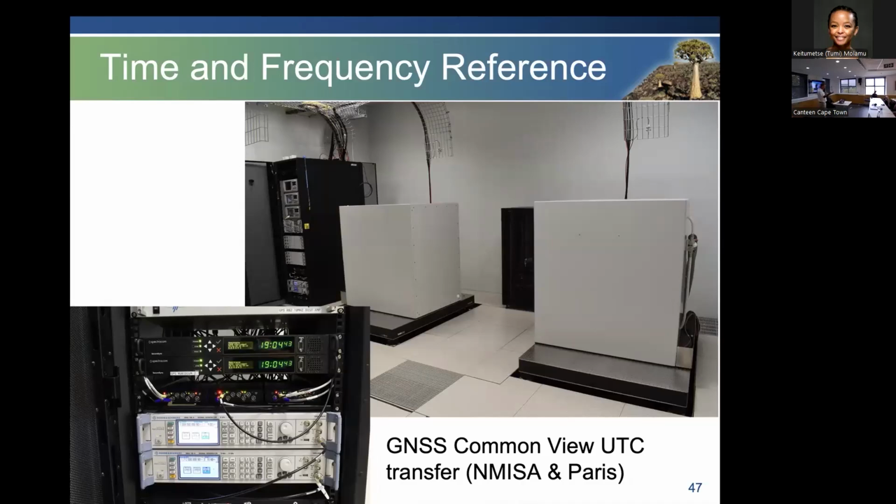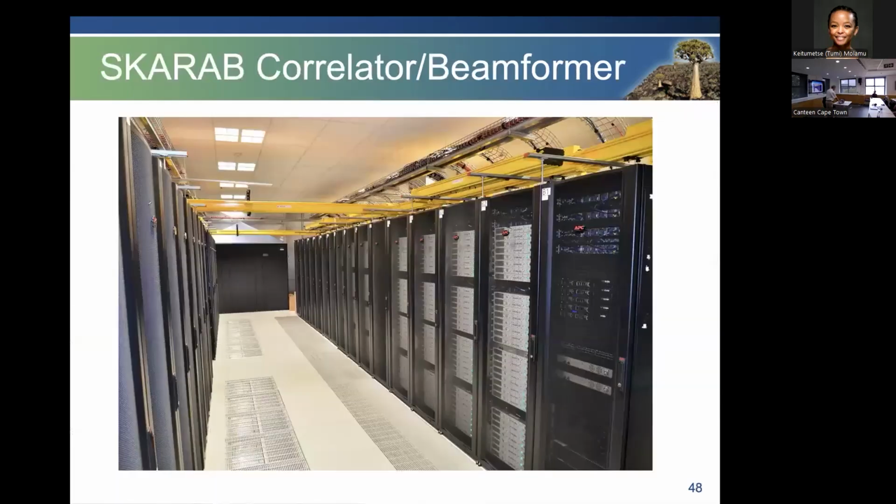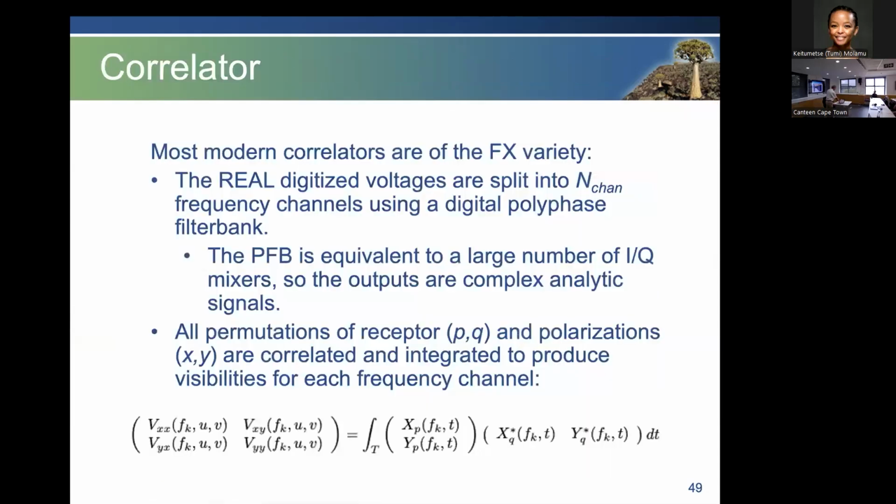You have to make sure that it's locked into the international system through GNSS Common View with Paris and other observatories. A really important thing. And in the next weeks or so, these two masers, which are our primary frequency sources, will be joined by the SKA maser plonked in here next to it. So that's progress. The correlator, as we all know, the Scarab correlator, does all the magic for us.